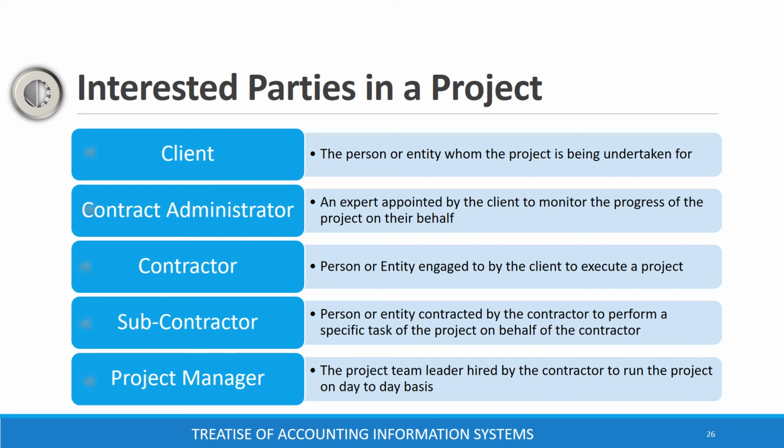The contractor is the one who receives payment for the project. Subcontractor is the person or entity contracted by the contractor to perform a specific task of the project on behalf of the contractor. Finally, the project manager is the team leader hired by the contractor to run the project on day-to-day basis.